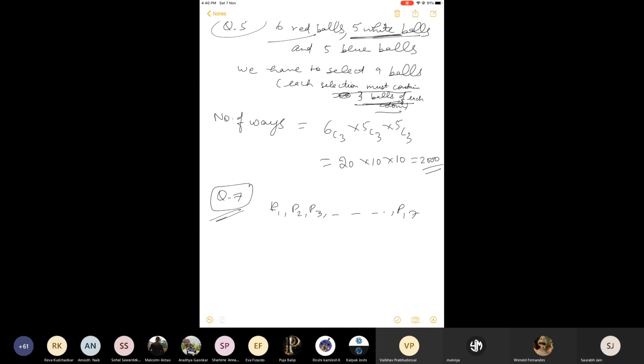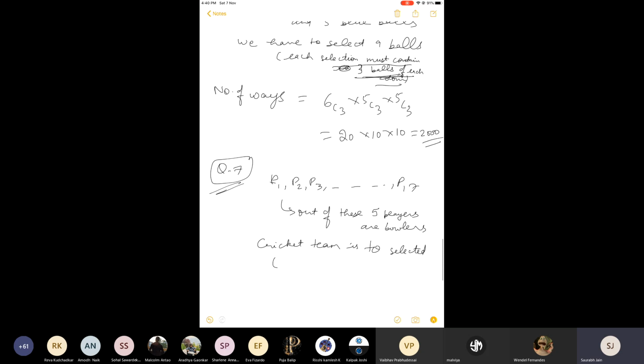Out of these 17, 5 players are bowlers, and a cricket team is to be selected. And what is given? What is the restriction?